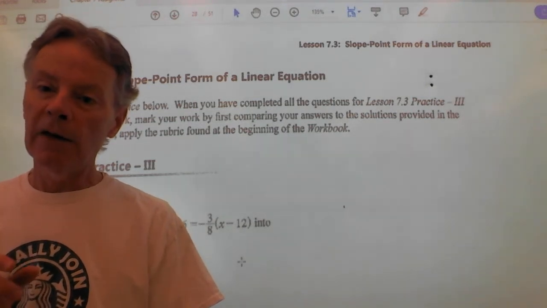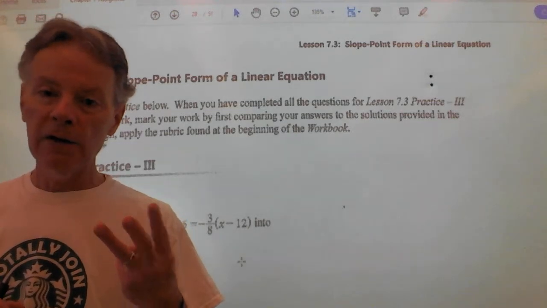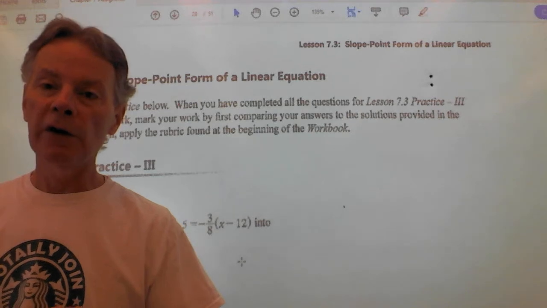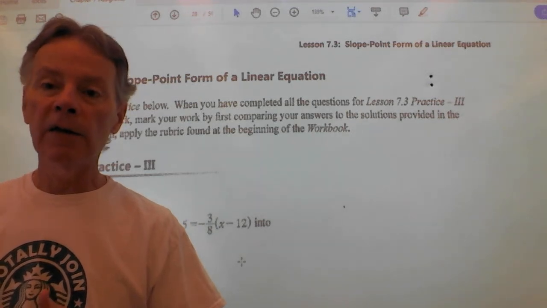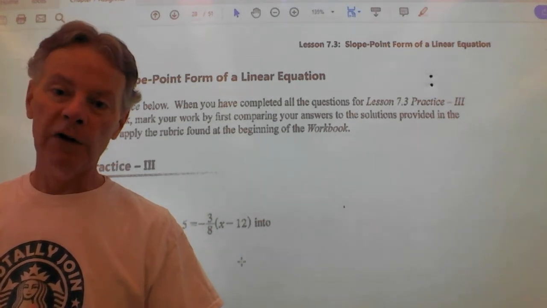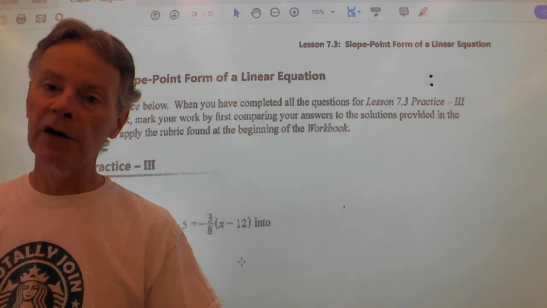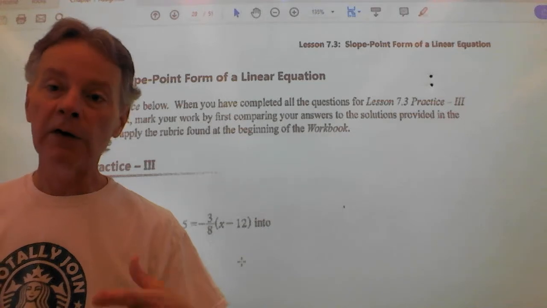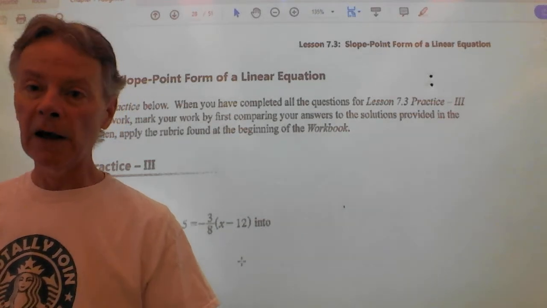Keep in mind that all three forms of an equation are interchangeable. You can go from one to the other, and they all simply are different ways of describing a linear relation. Each of them has pluses and minuses insofar as what they give you.